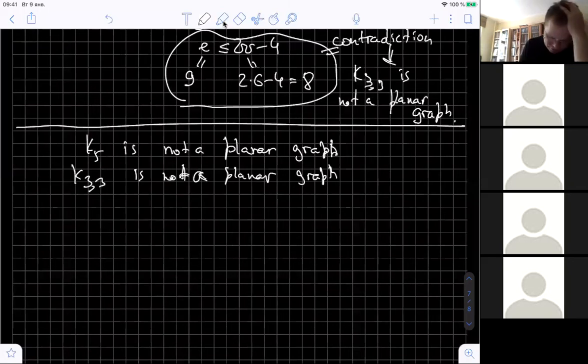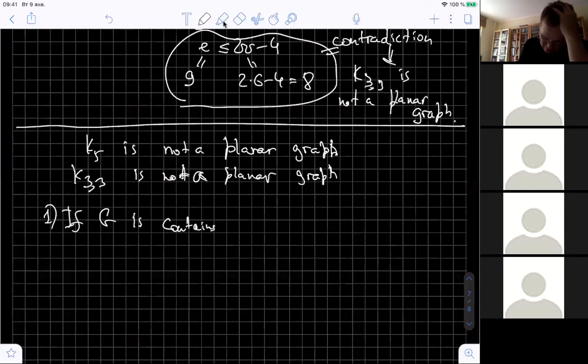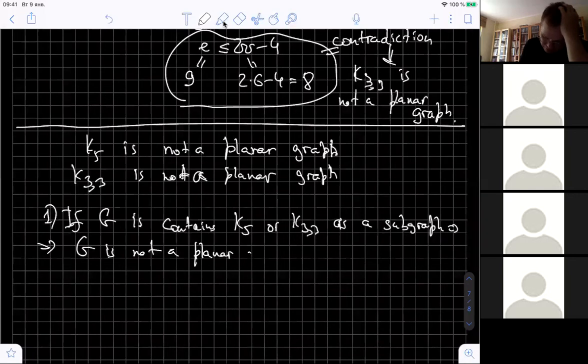So if G contains K5 or K33 as a subgraph, then G is not a planar graph.